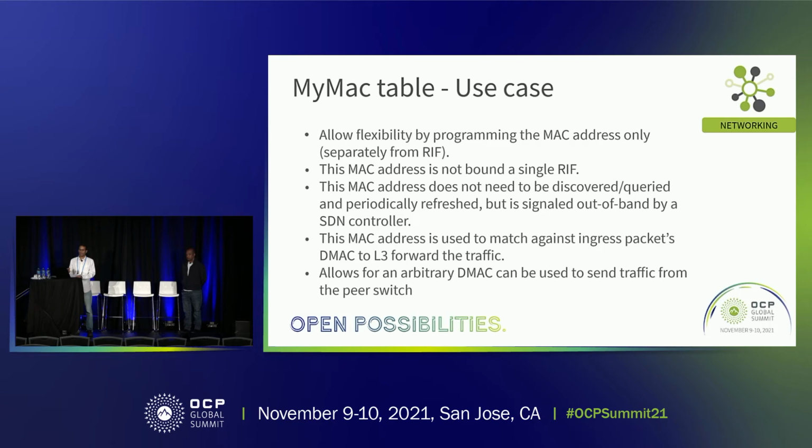And this would allow us to have an off-box entity like a SDN controller to be able to program what MAC address is accepted for L3 forwarding. And analogously, the transmitting switch would then use that MAC address as the DMAC to reach us.